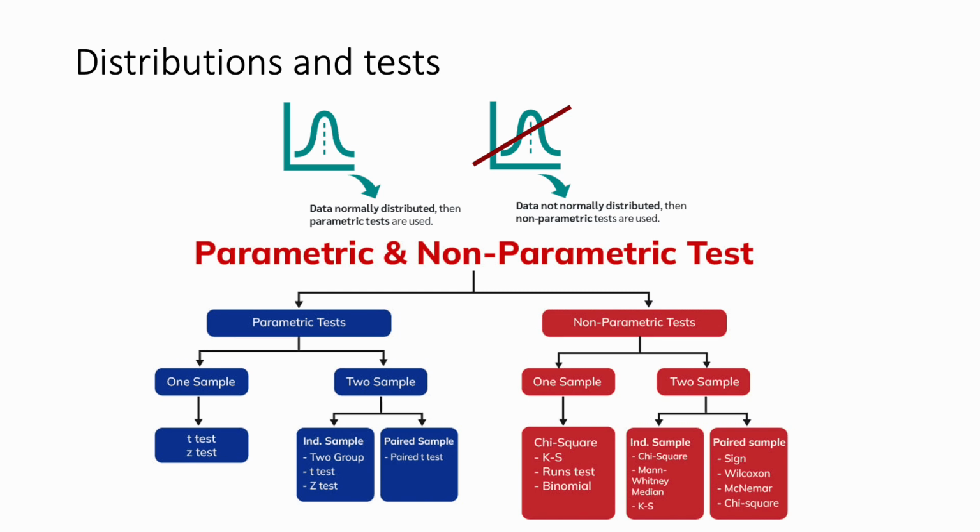And if we have two samples, in this case, if we have independent samples, we're going to use a z-test or t-test for independent samples. And if not, if we have paired samples, we're going to use the paired t-test.